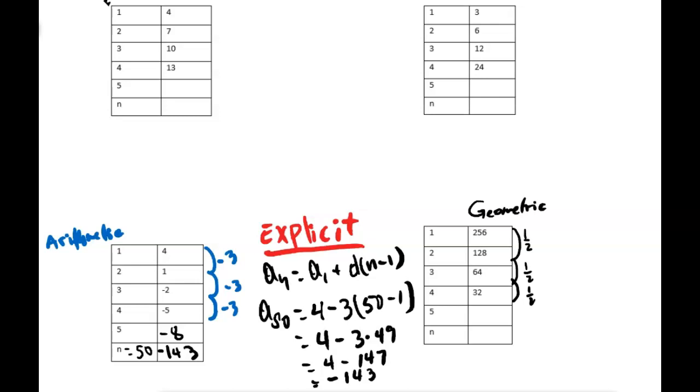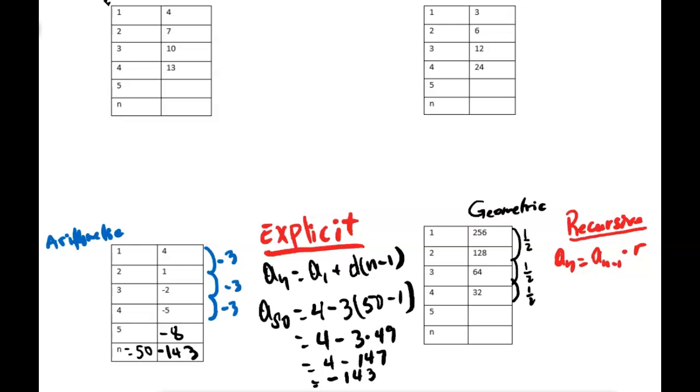When you have a geometric sequence, to find the fifth term, we can use the recursive formula because we know what the fourth term is. If we know the fourth term, we can find the fifth term by using the recursive formula. The recursive formula says a sub n equals a sub n minus 1 times r, the common ratio.